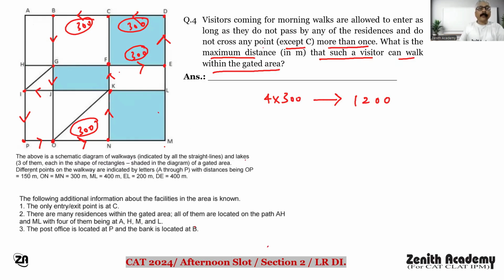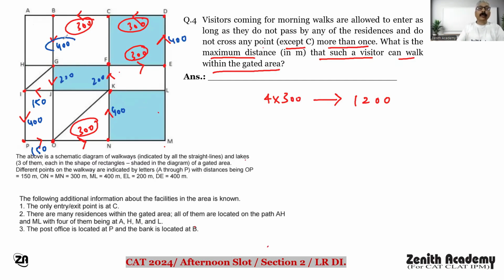Then this is 400 and this is 200, 150, 400, 150, and this is 400, this is 200, and this is 400.